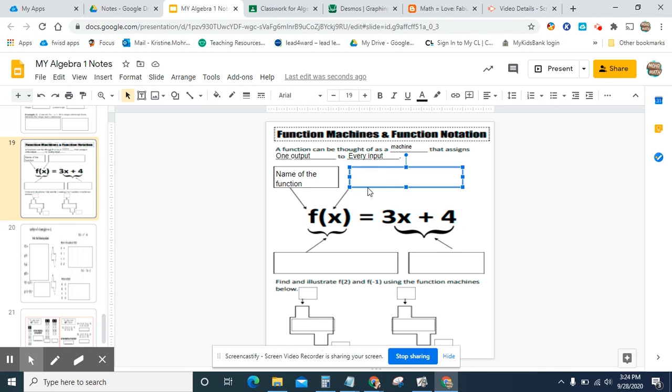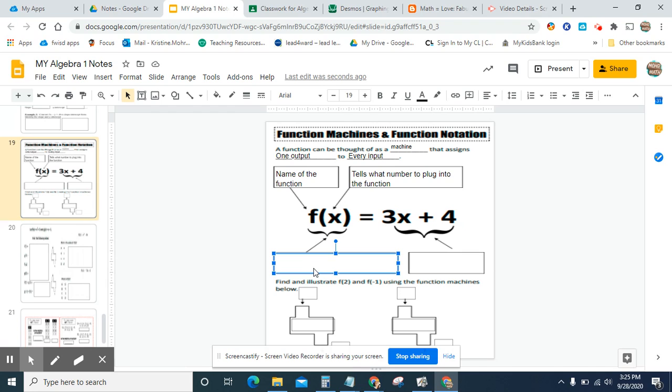This here, where it has the parentheses x, you read it f of x, but sometimes it'll have a number in here. This just tells what number to plug into the function. So if it's 2, it's just telling you to plug in 2 for x instead.